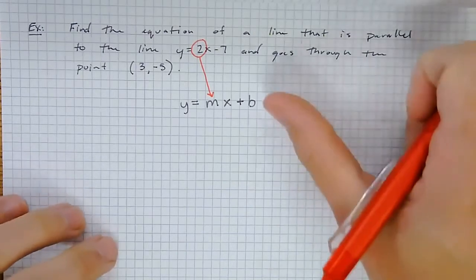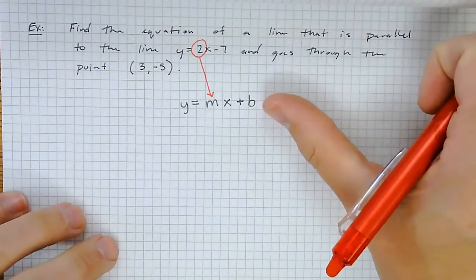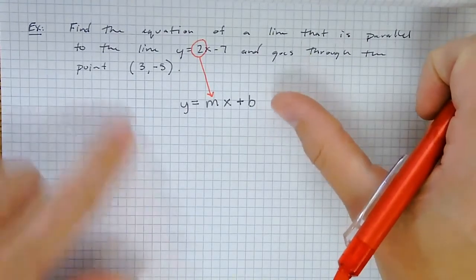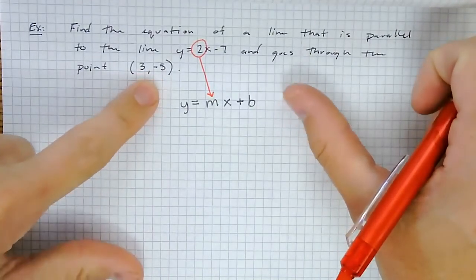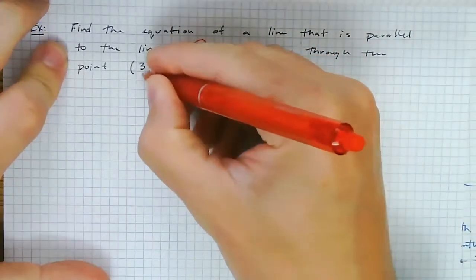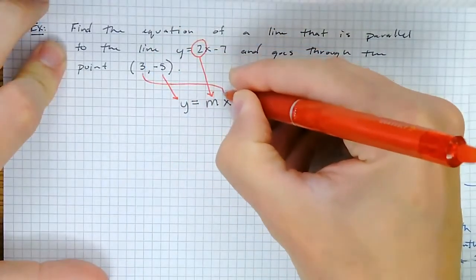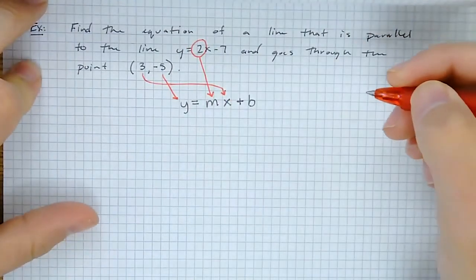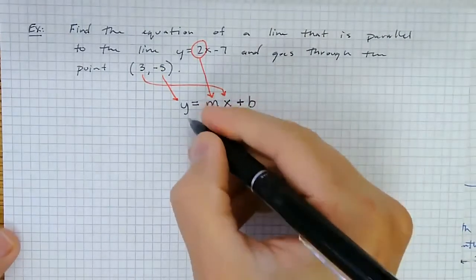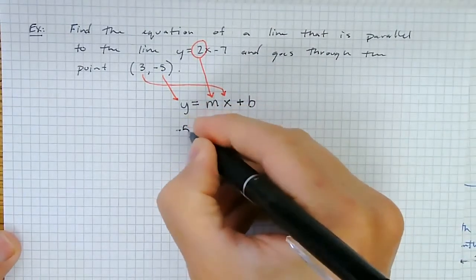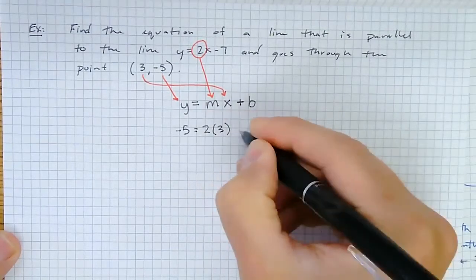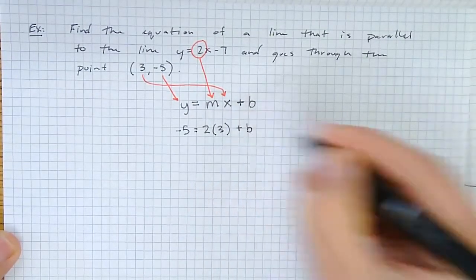The only thing we don't have is our y-intercept. However, we do have an x and a y value. So we're going to plug in these values for x and y and solve for b. So we have negative 5 equals 2 times 3 plus b.